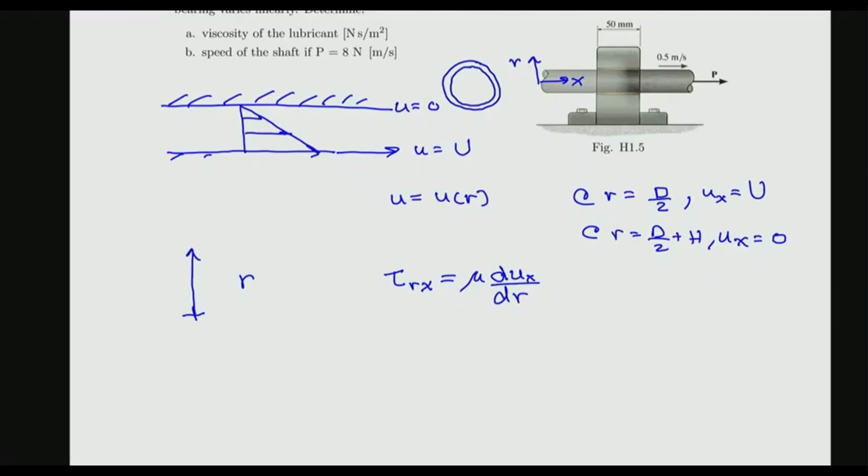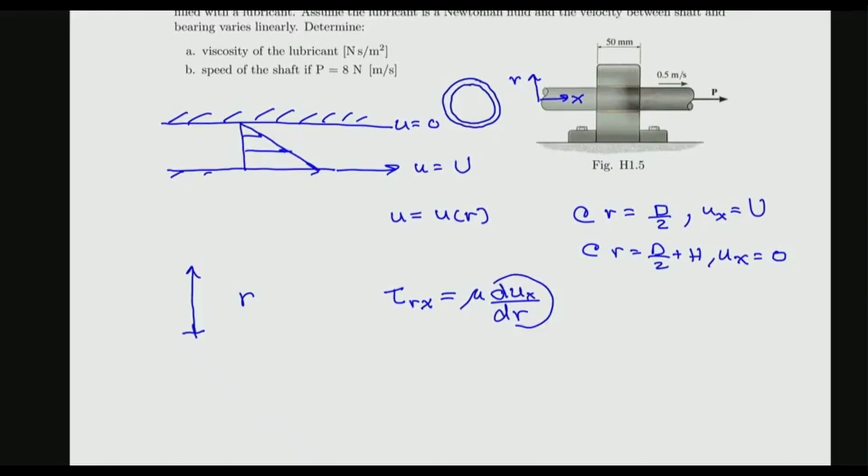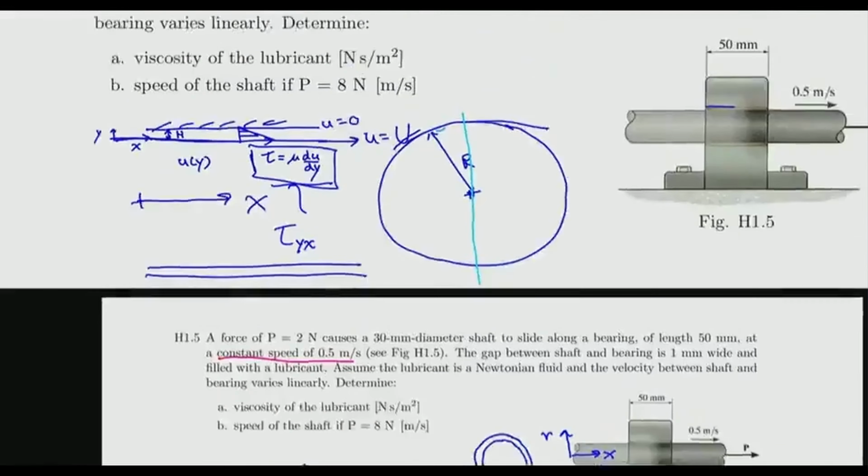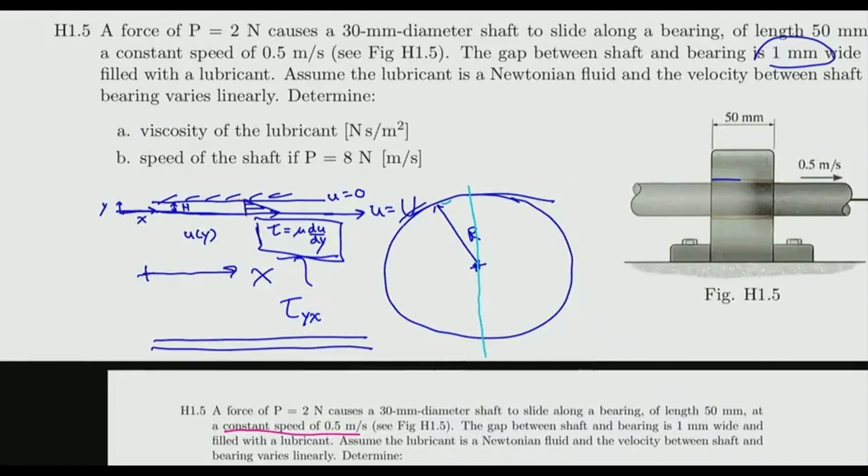In either case, you would get the same result because the shear stress is proportional to the gradient. And make sure that you evaluate u of x as a function of r such that it has a negative slope, right? With increasing r, the u decreases. Here, with increasing y, the u decreases, and you're just taking the slope. So in either case, it works out to be the same, okay, and negative.